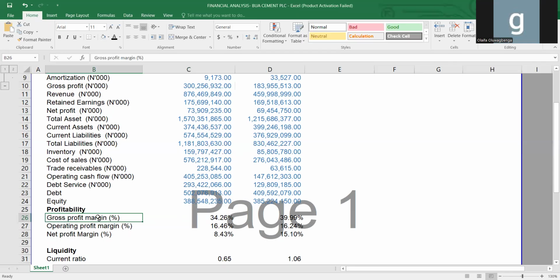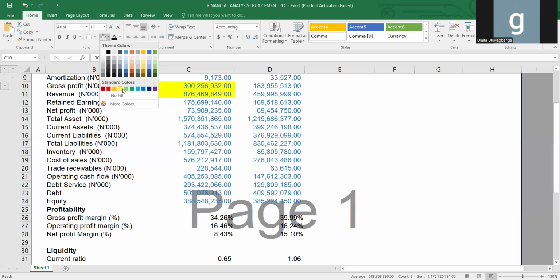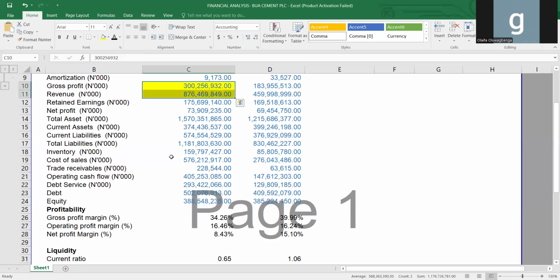For instance, when we talk about gross profit margin, we look at gross profit over revenue, times 100%. So that means 34.26%, which is derived here, is the interplay between the gross profit over the revenue, expressed in percentage. So the value you want to achieve must be connected with a formula.